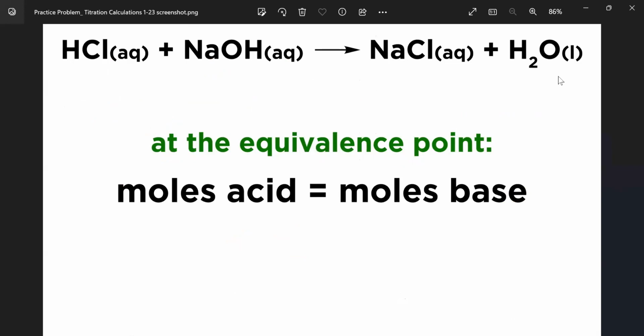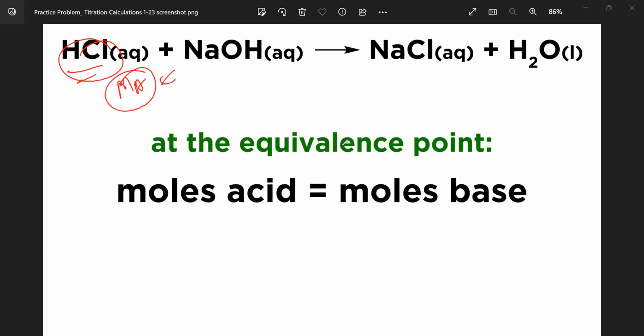This is the simple equation. Now the equation for this is going to be MaVa equals MbVb. Now we will have to put all the values and calculate the unknown concentration of acid. So we have to calculate this part, right?